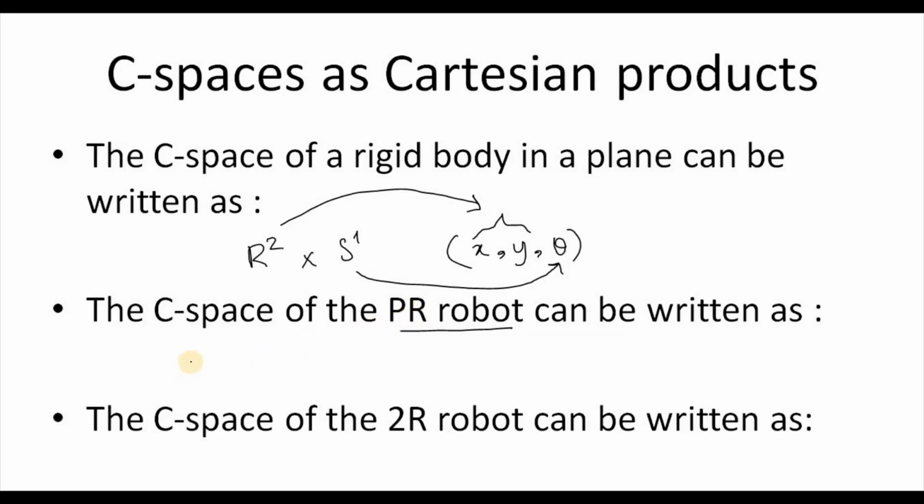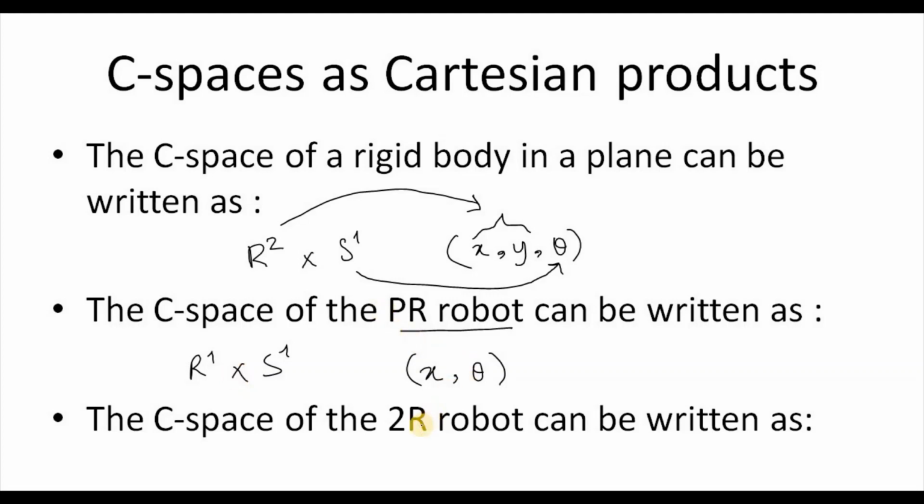So we can use R power 1 cross S1, because there is one prismatic joint which shows a linear motion, let's say along x-axis, and then there is one revolute joint which shows angular motion, let's say with angle theta. So this is how we can represent it as a Cartesian product.